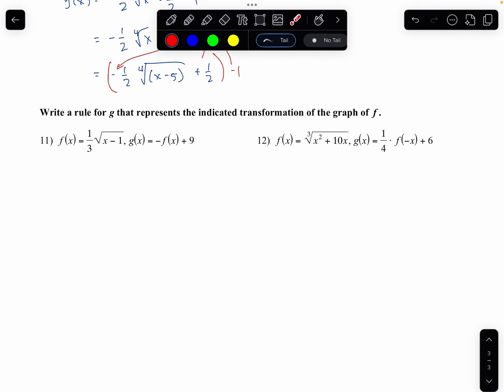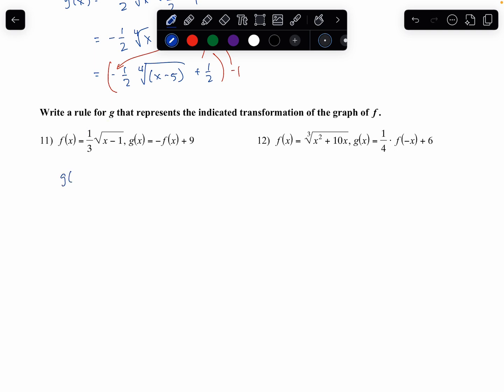Alright, for 11, write a rule for g that represents the indicated transformation. So we have f of x here, we have g of x here. So what we're going to do is negative f of x, then we're going to add 9. So first of all, we're going to multiply by negative.